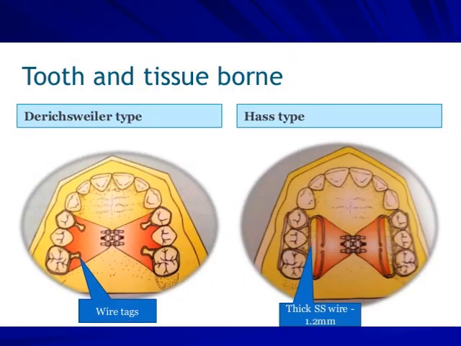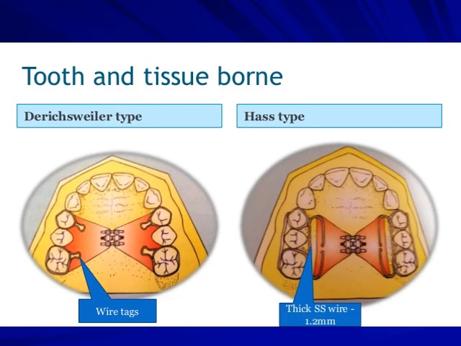The image shows the Derichsweiler appliance has wire tags soldered to the palatal aspects of the bands of premolars and molars, while the Haas appliance has a length of wire adapted to the palatal aspects of the premolars and the molars, with its free end turned and embedded in the acrylic.